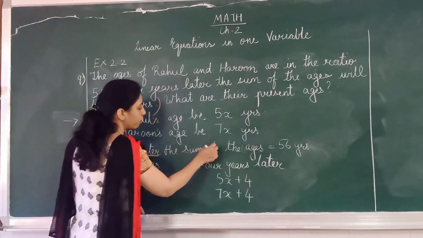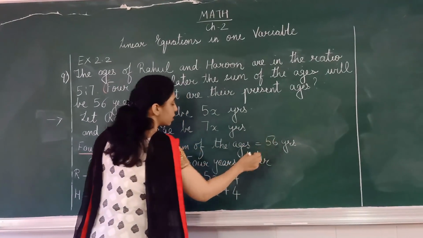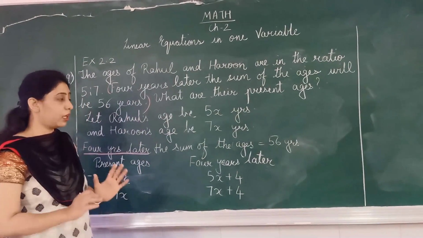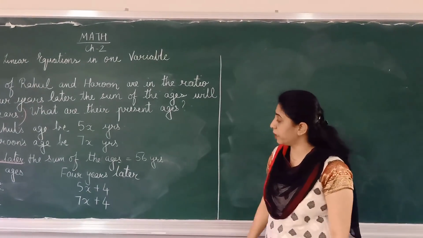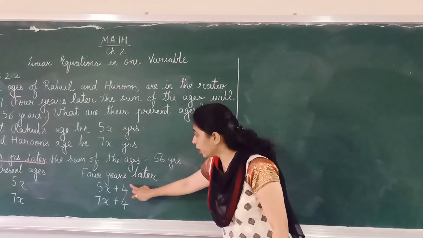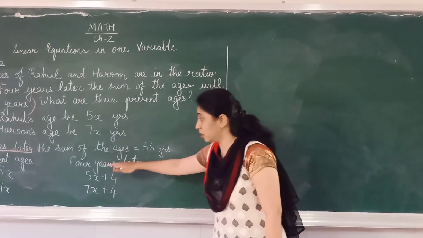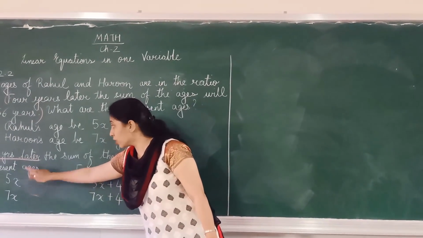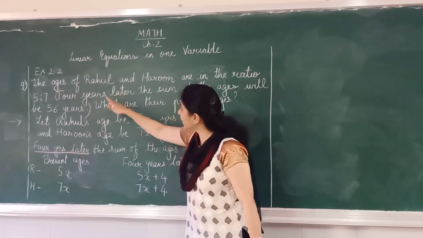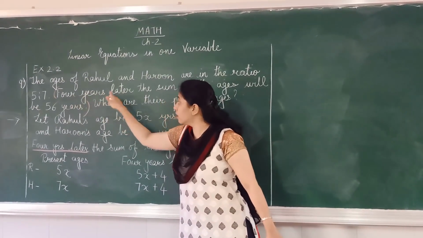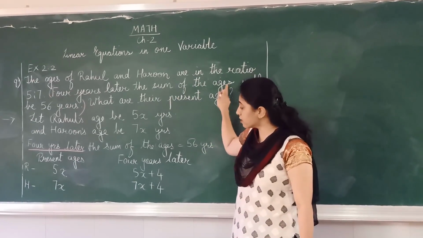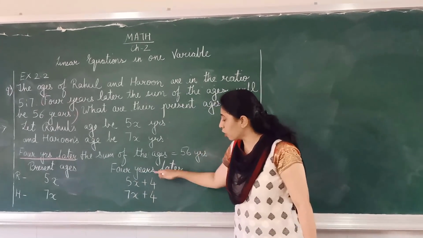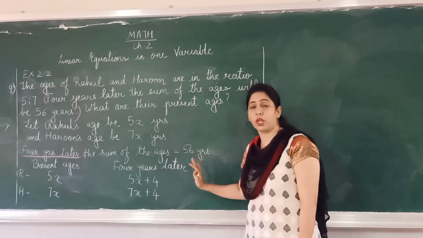The sum of the ages is equal to 56. Now we are going to frame an equation. So how to frame the equation now? Just pay attention. We have to frame the equation from this expression, not from the present ages, because of what they have told. You can clearly see here, 4 years later the sum of their ages. 4 years later means from this expression you are going to frame an equation.